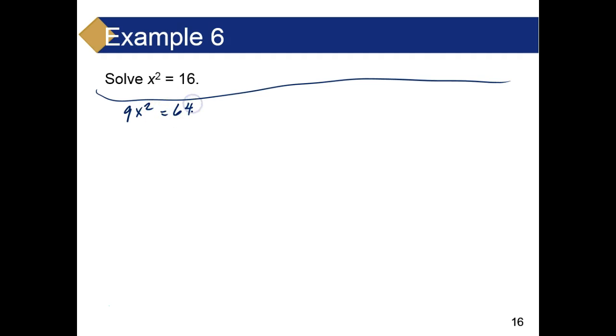Can you do that? How? Subtract 64 from both sides. Good choice. If I could write. What does that give you on the left? 9x squared minus 64 equal to 0. Excellent. Now what?